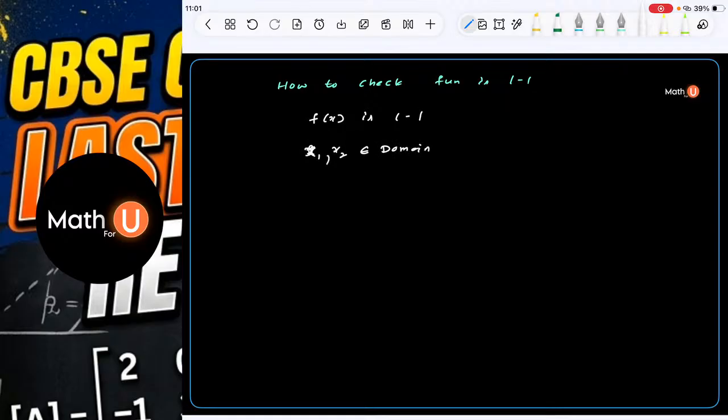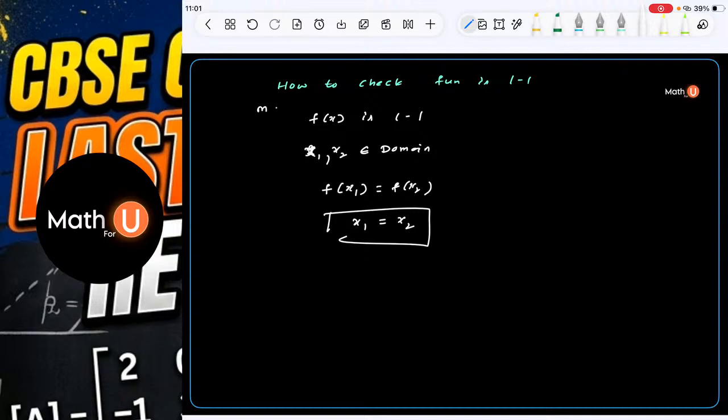Just consider two elements x1, x2 in the domain, and start with f of x1 is equal to f of x2. If this gives x1 equal to x2, then the function is one-one, otherwise the function is not one-one.